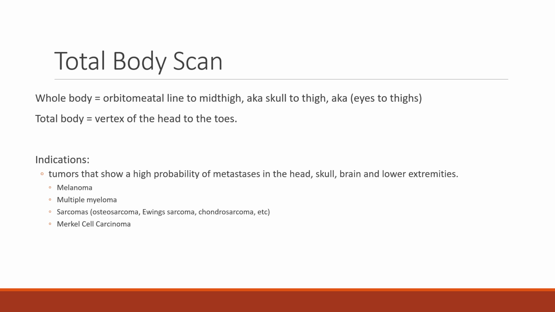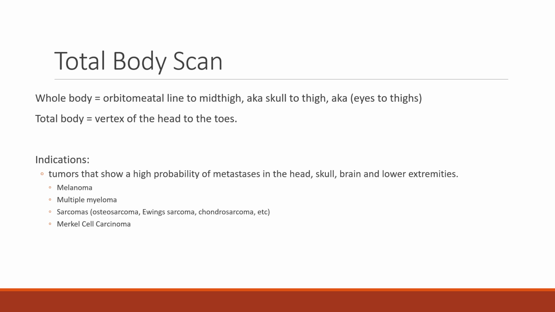So total body scan is done for certain anatomy. So whole body is done from orbital medial line. That's the imaginary line from the corner of their eye to the top of the ear. This is also known as skull to thigh. That will either cut off like most of the brain, if not the whole brain.